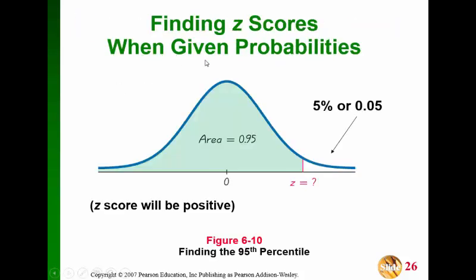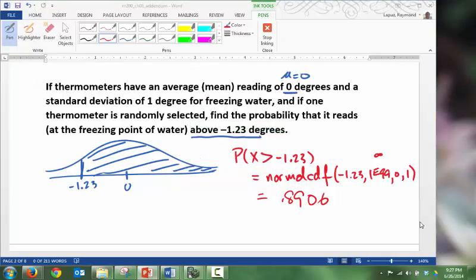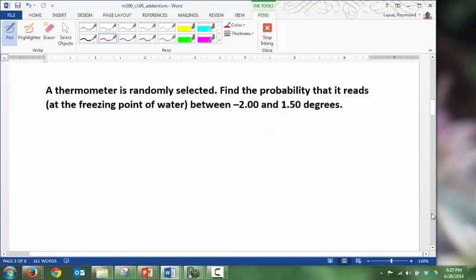Sometimes you might be asked to find a z-score, where they give you the probability. So let's take a look at this particular problem. I have this already set up in my extra sheet here.